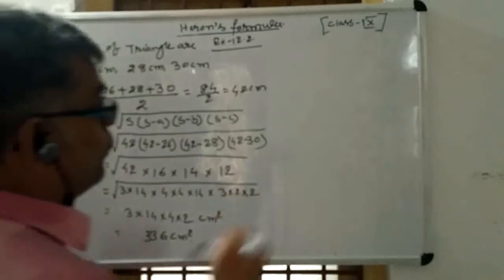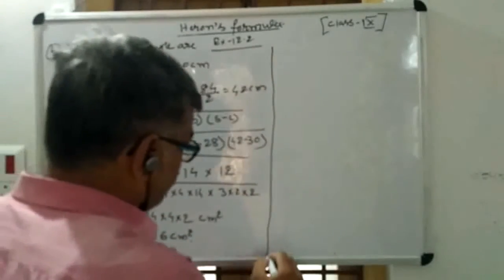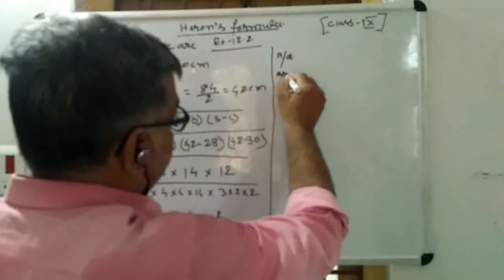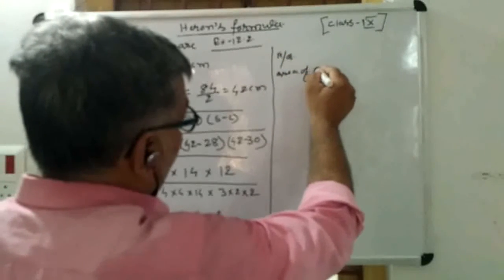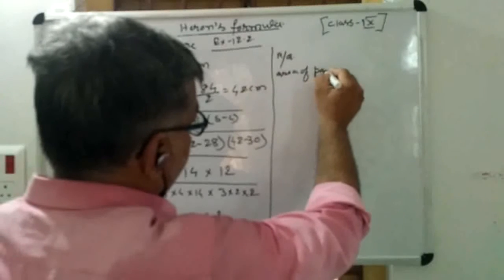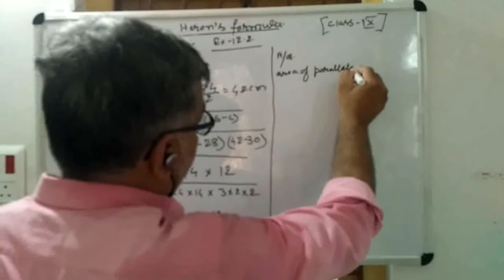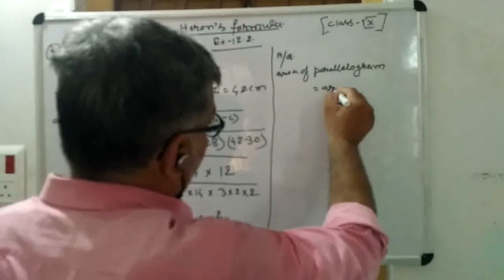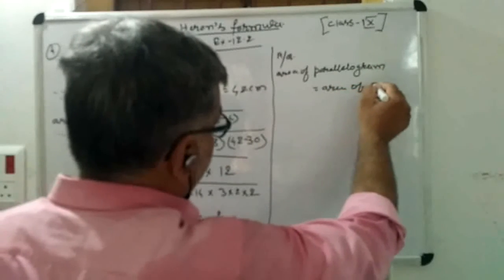Now according to the question, it is given that the area of the parallelogram is equal to the area of the triangle.